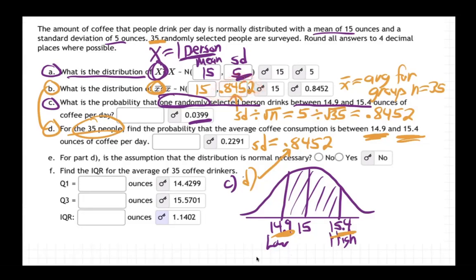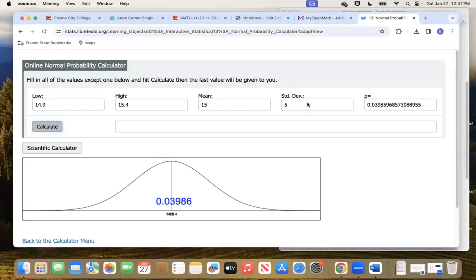So go to the online calculator, do the same thing, but with the new standard deviation. We're talking about a group average. Come here, the standard deviation, get rid of the 5. Standard deviation is going to be 0.8452. Calculate. 0.2291.